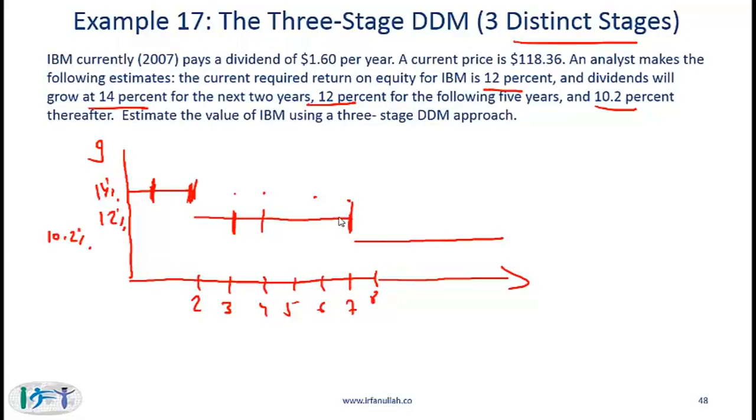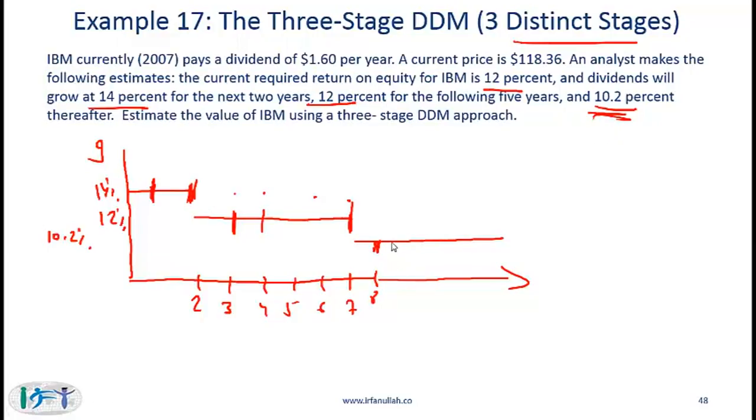You do not have a growth rate of 12% that goes on forever. So use your cash flow register, plug in the numbers and discount back. And then finally, you compute D8 based on D7 into 1.102, the final growth rate.